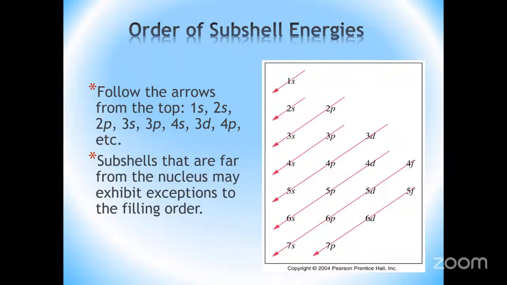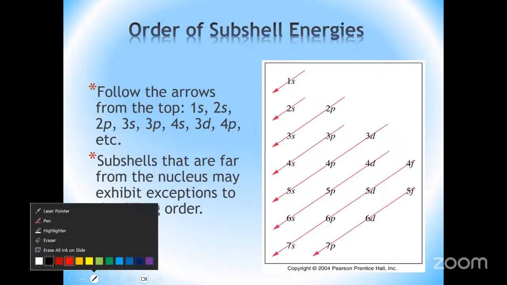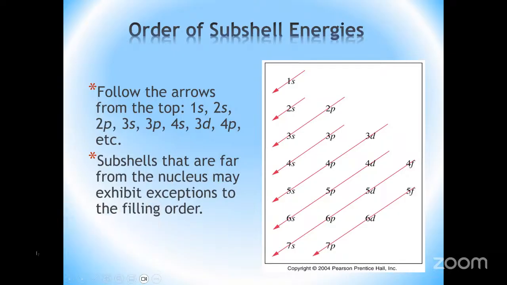So how will you do iron? Well, iron's number 26. Let me do it down here. Iron has an atomic number of 26.